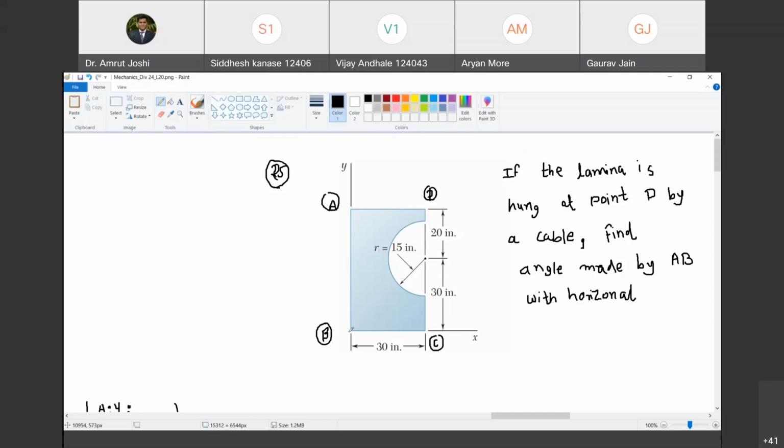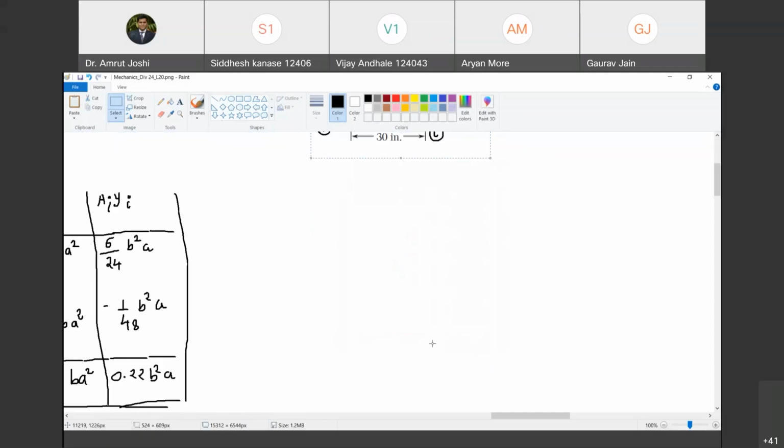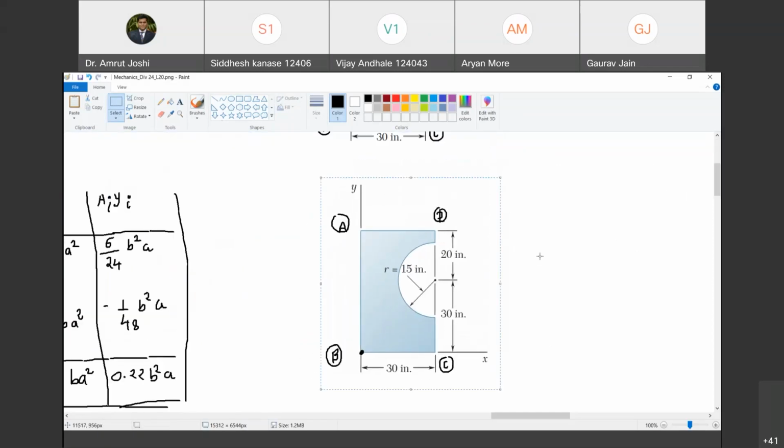So let us find out its centroid with reference to origin, that is B here. X is this positive, Y is this positive, so origin is going to be at B. Do you agree with me? Yes, sir. Now, can I divide this figure into regular figures? Yes. What are the regular figures? One is the rectangle. Yes, sir.